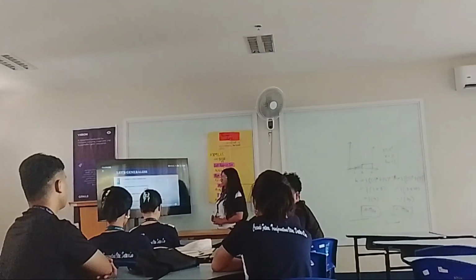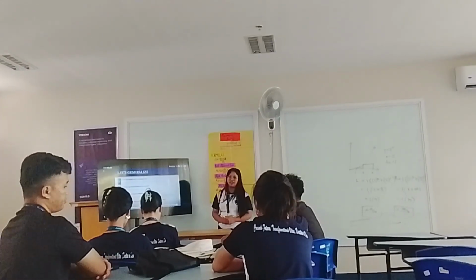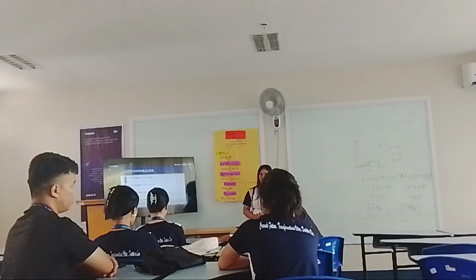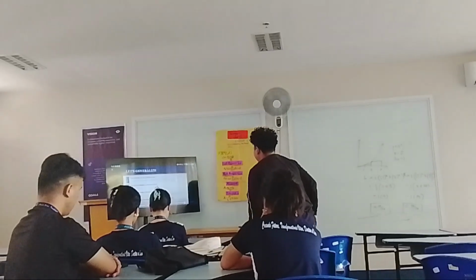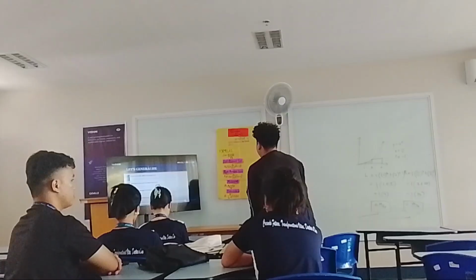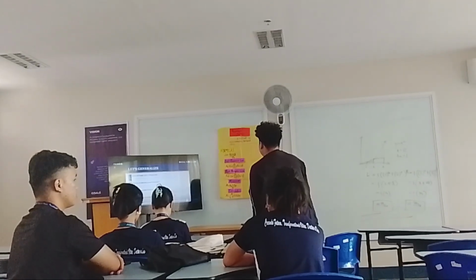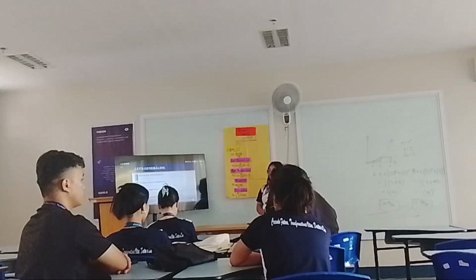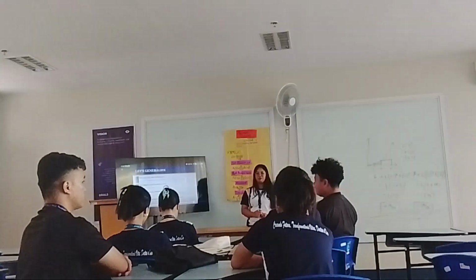What does delta x represent and how do we find it? Mr. Douglas, can you answer? Delta x is the width of each subinterval. We find it using b minus a over n. Thank you, Mr. Douglas.